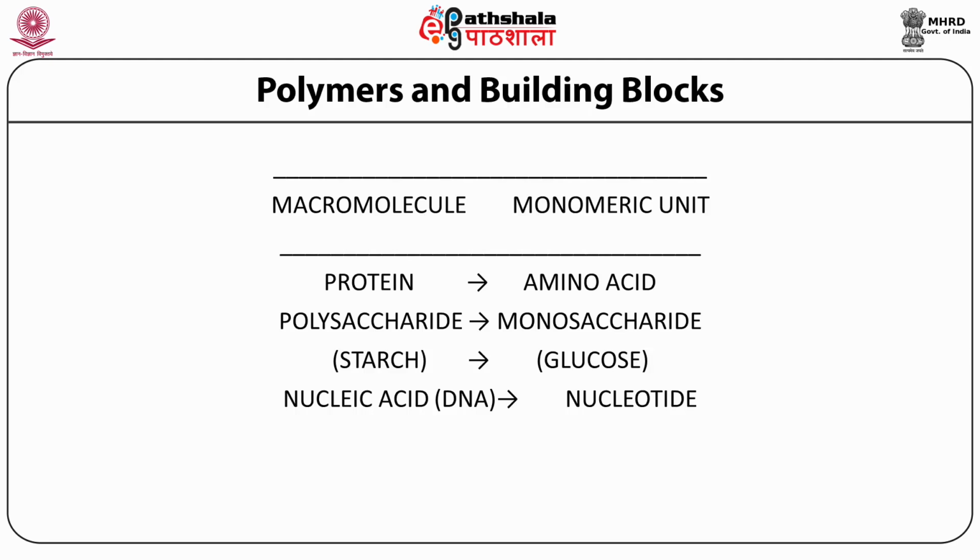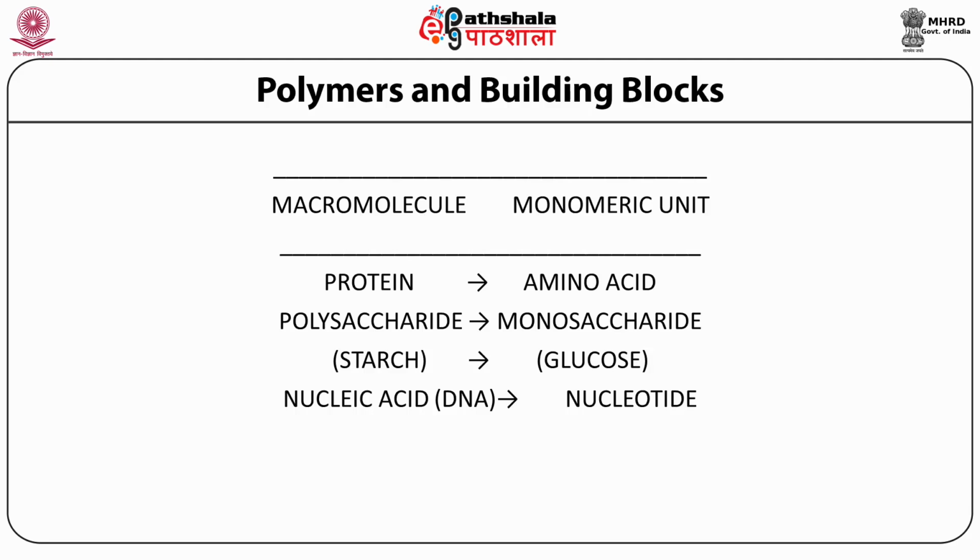For example, if you take a macromolecule like protein, it is made of monomeric building blocks called amino acids. We have already seen some of the amino acids listed. These amino acids are joined together by a characteristic chemical bond called the peptide bond, and that results in a polypeptide, or a protein if it has a biological function.